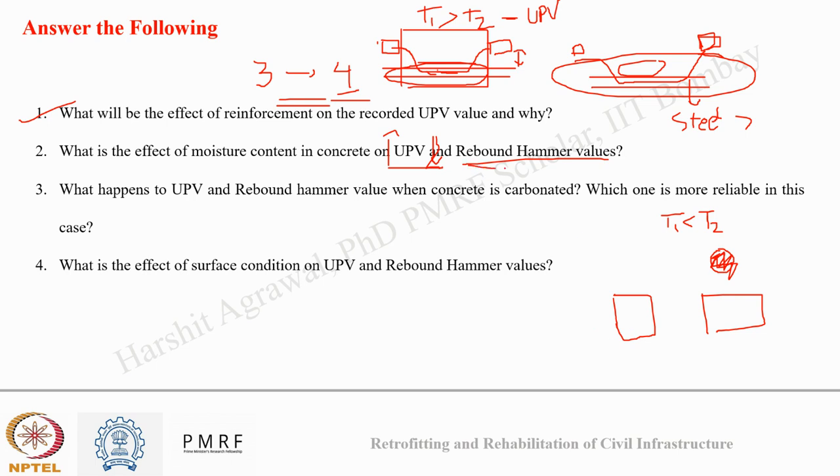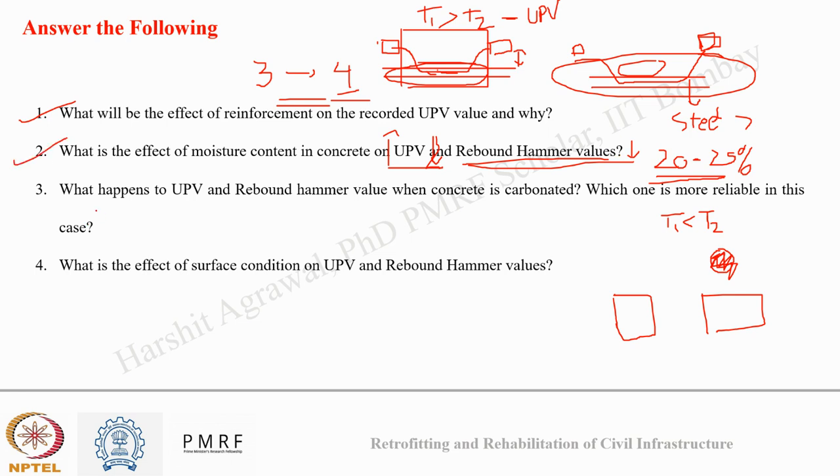My rebound value will also decrease since my compressive strength is decreasing. And it is generally said that the rebound value decreases by 20 to 25% when we compare a moist concrete sample with the air saturated concrete sample. So these are the figures in which the rebound hammer value decreases due to moisture.